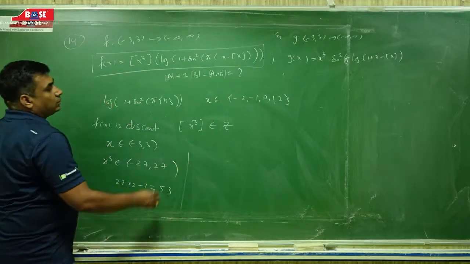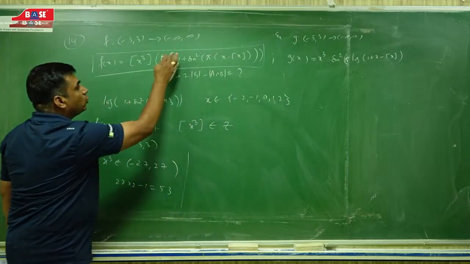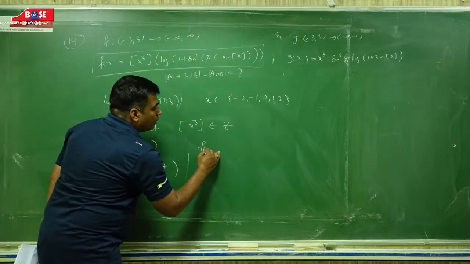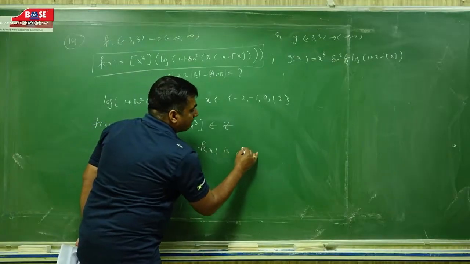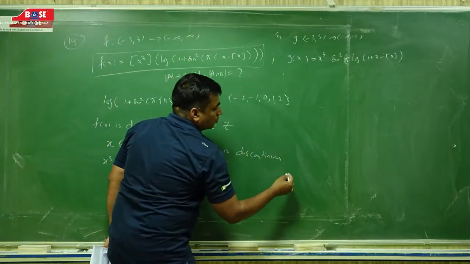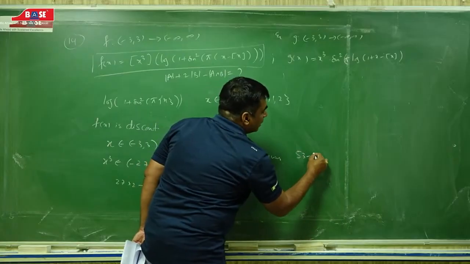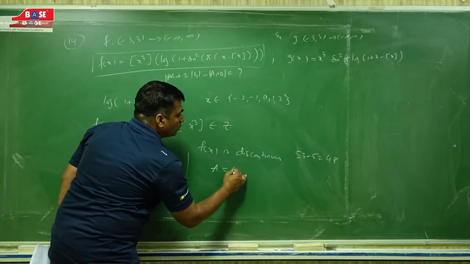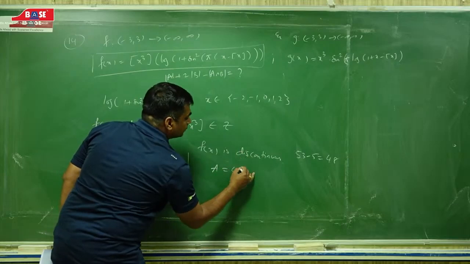But among that we have these 5 values where this whole function will become 0. So I can say f of x is discontinuous at 53 minus 5, that is 48 values. That means the a value we got is 48.